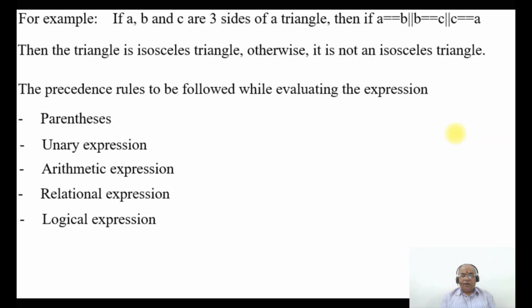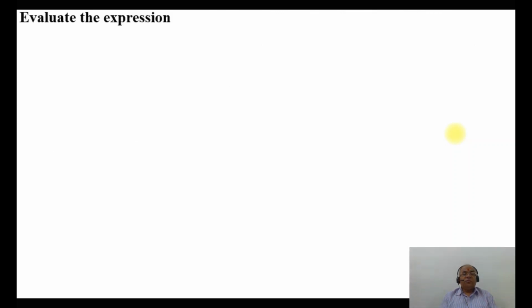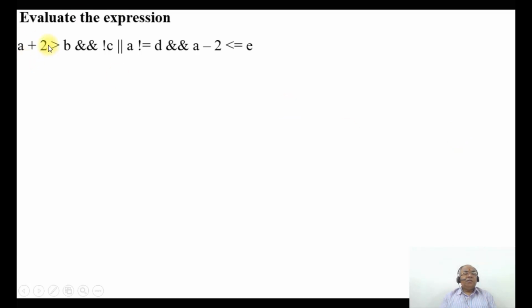These are all the precedences. Suppose you want to evaluate the expression: A plus 2 is greater than B and not equal to C, or A is not equal to D and A minus 2 is less than or equal to E.